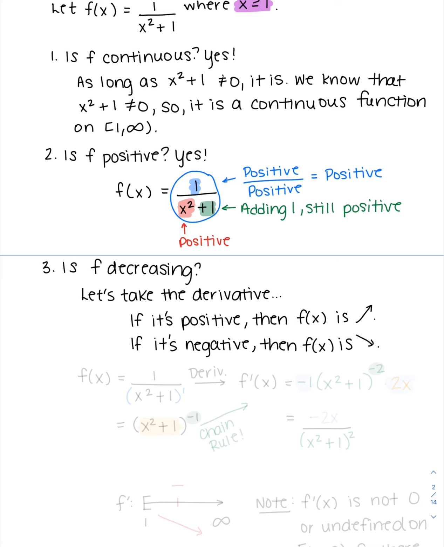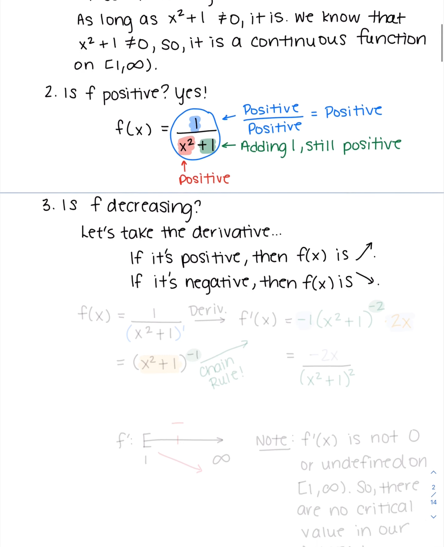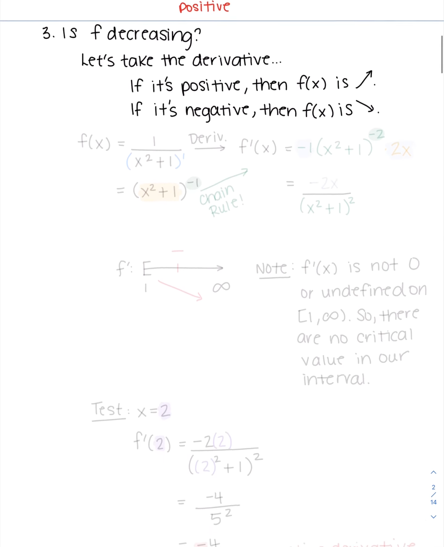Remember, the derivative gives you the slope of the graph, the slope of the tangent line. Slope positive means going up, slope negative means it's going down. So you have to think of derivative means slope. So let's take our derivative.